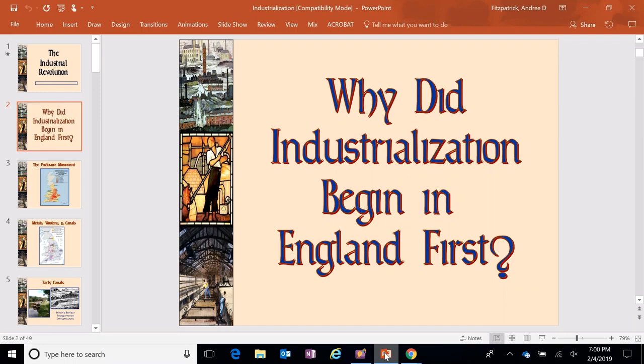One of the things that was happening in England was a bit of an agricultural revolution. So the agricultural revolution kind of preceded the transition to manufacturing and industrialization. There were some inventions like the seed drill from Jethro Tull and a cultivator that enabled farming to be done faster and with fewer people involved.